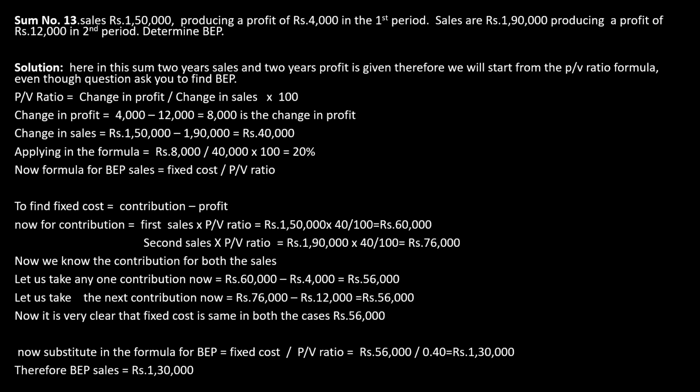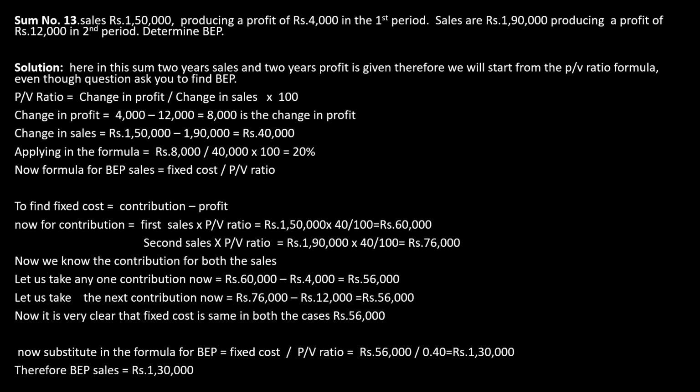Suppose I am using the second sale of 1,90,000 into PV ratio, it will give me rupees 76,000 as my contribution. So it depends upon the sale that I use.